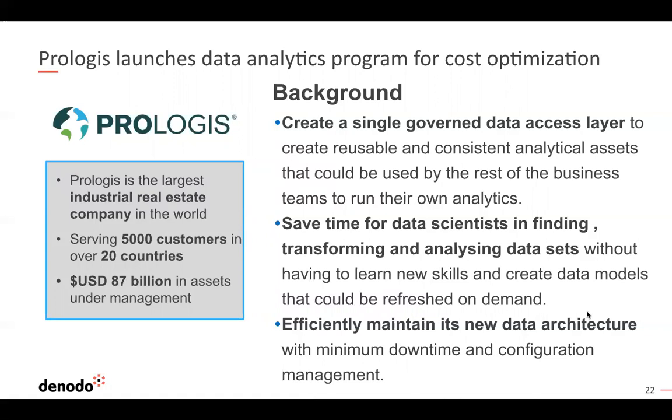Their data landscape was very fragmented, and their business required advanced analytics for quick decision making. Speed and agility were very important for them, and logical data fabric provided an agile, more governed approach to business analytics and data science. So let's look at what their goals were and how they achieved them. They wanted to create a governed data access layer and save time for the data scientists.